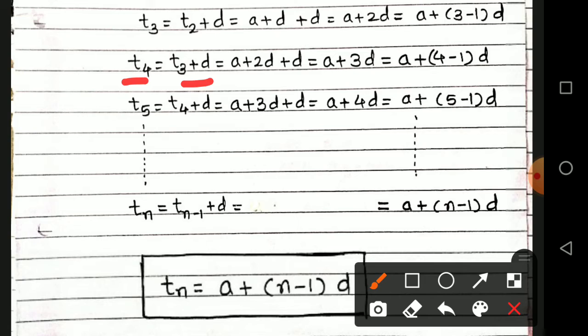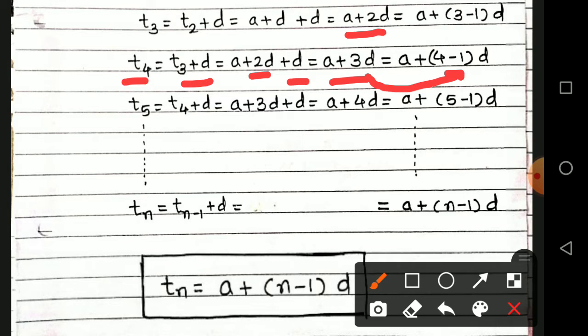T3 means a plus 2d, and adding the common difference, it is equal to a plus 3d. I am converting this 3d into (4 minus 1) into d. That means T4 is equal to a plus (4 minus 1) in the bracket into d.